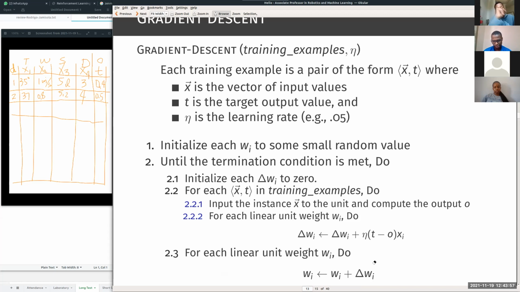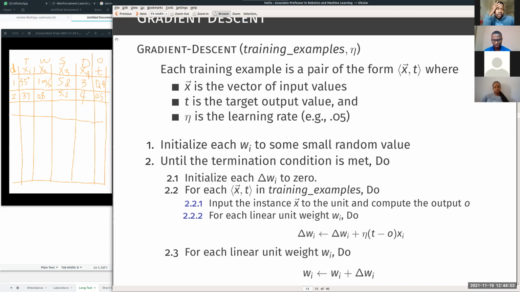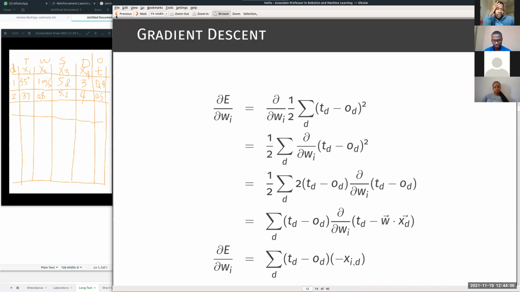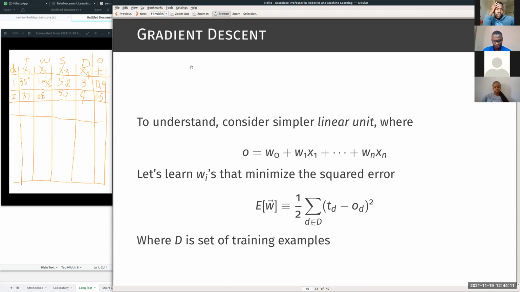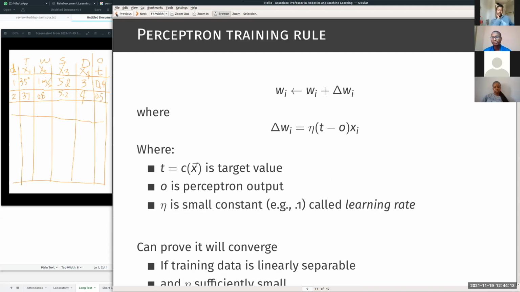But remember, in this case here, the whole thing is supposed to have this one. You take the original function, this part, okay? So we update W in terms of delta W and then eta T minus O Xi.